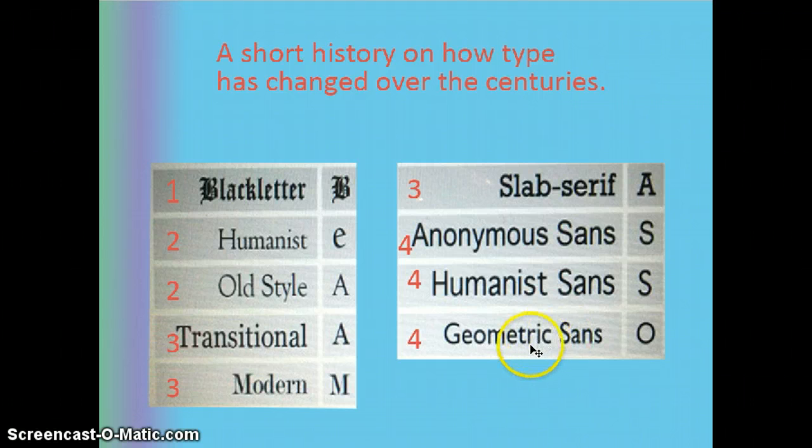The top is the Germanic sans, and the second is the grotesque sans and the humanist sans. These three are the most magical types of font.